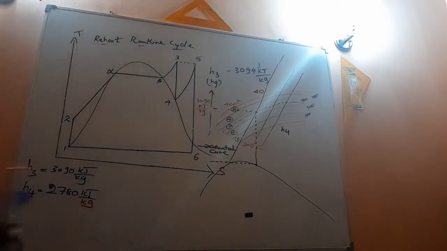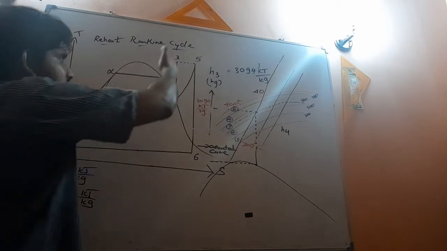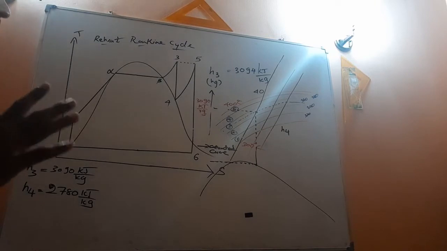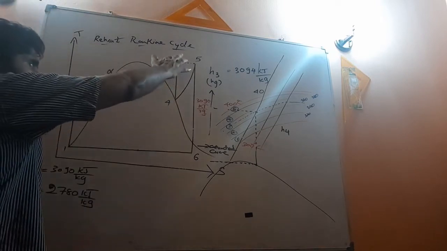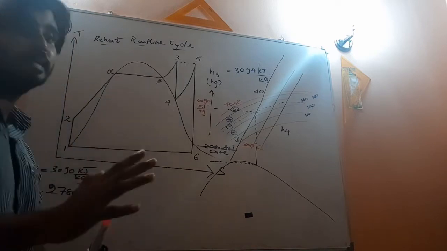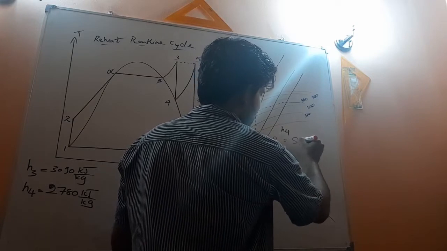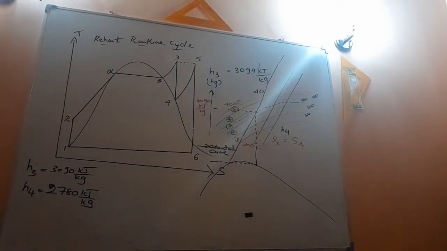Now point 3 and point 4. So what is 3 to 4? That is isentropic expansion. That means the entropy at point 3 and point 4 would be the same.